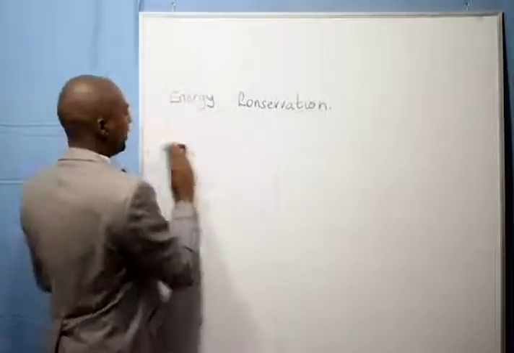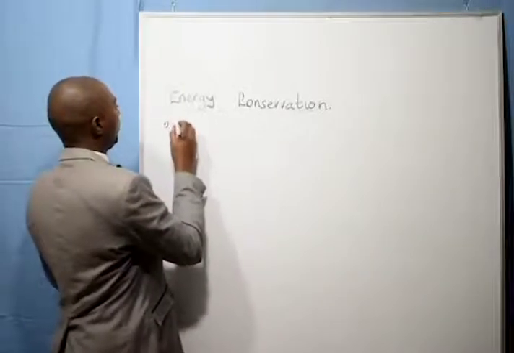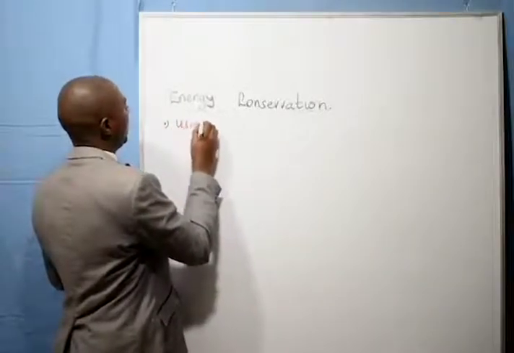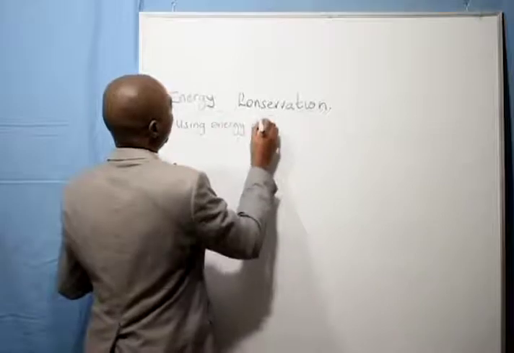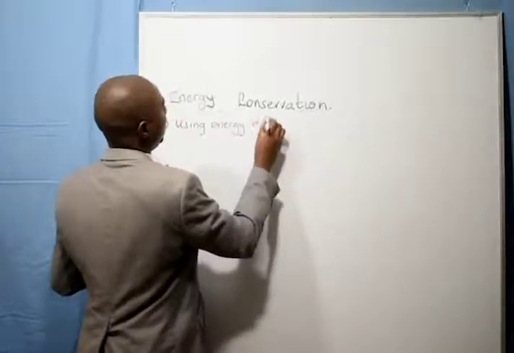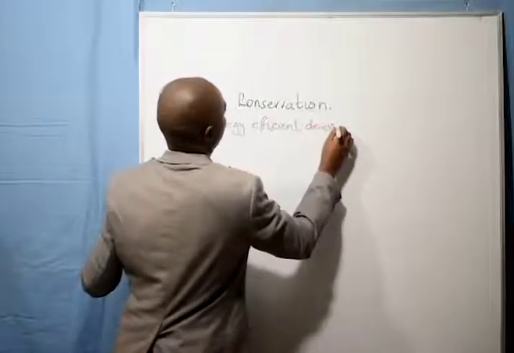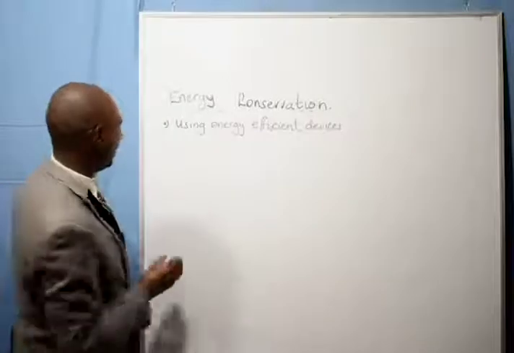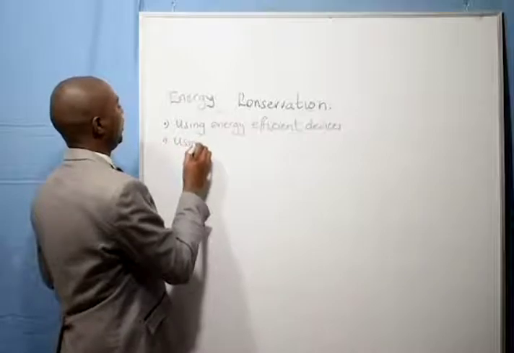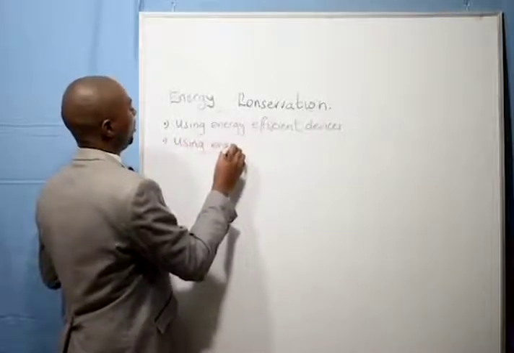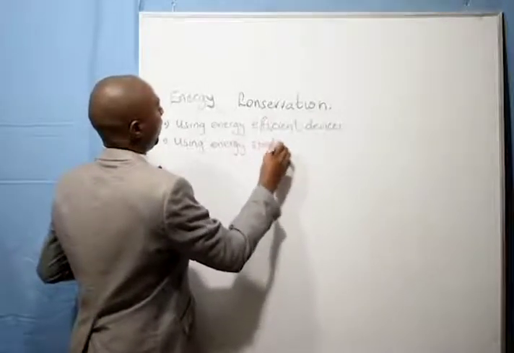And there are three methods in which we can do that. One is using energy efficient devices. The other way you can conserve energy is by using energy sparingly.